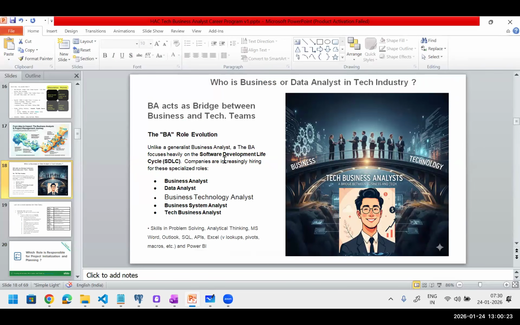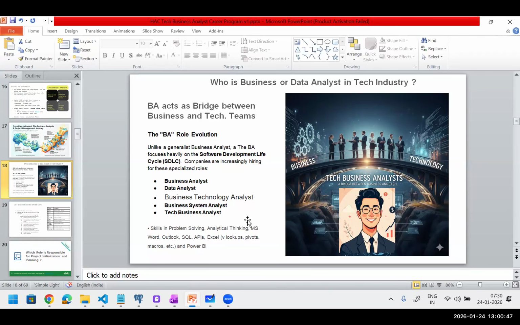Earlier it was completely functional, then it included tech, and today they want to apply AI-related tools also for efficiency, because with AI tools we can create anything faster. So these are the typical roles we will see: business analyst, data analyst, business technology analyst, business systems analyst, tech business analyst.